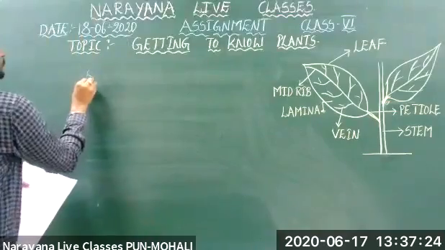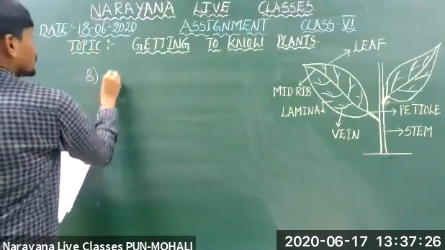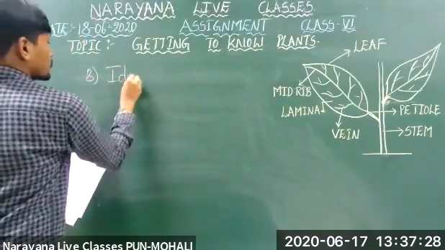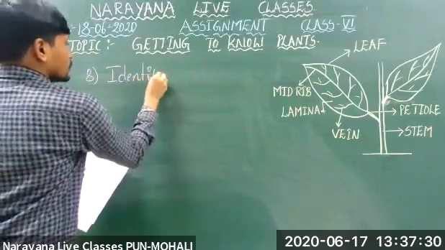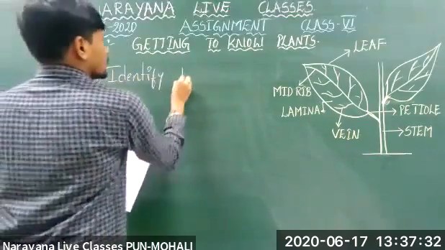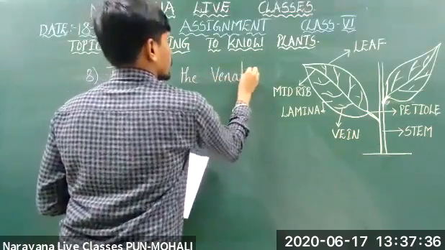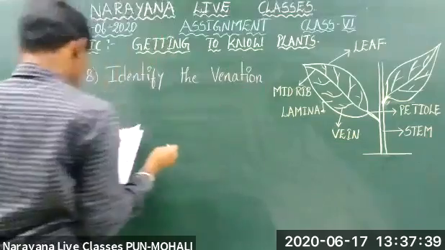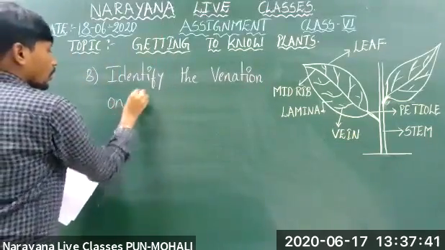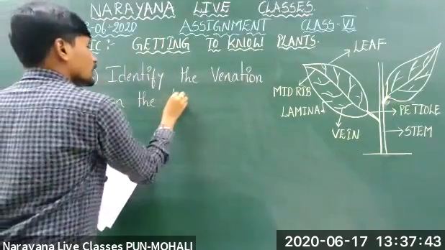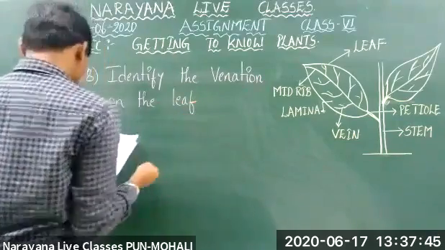Eighth one. Identify the venation on the leaf.